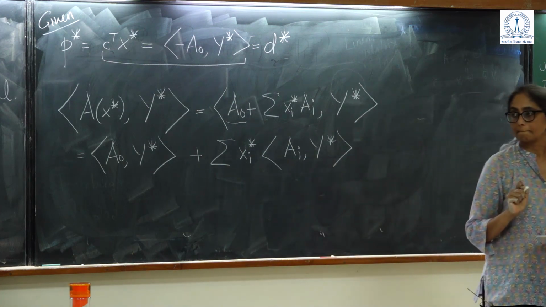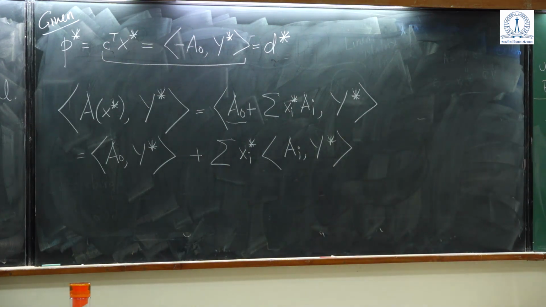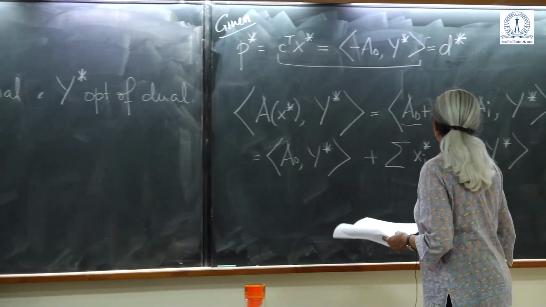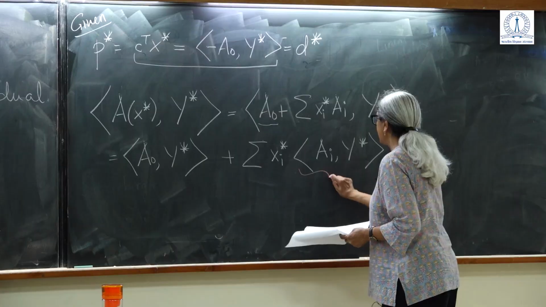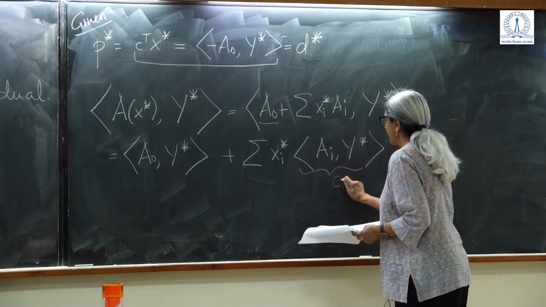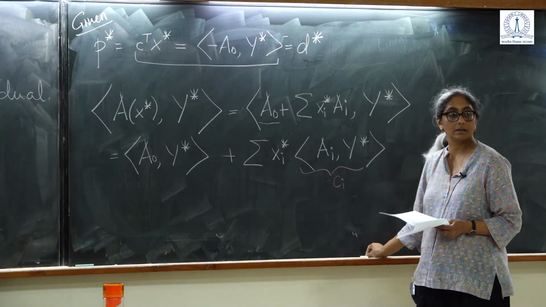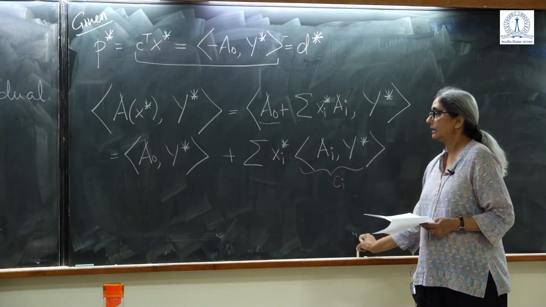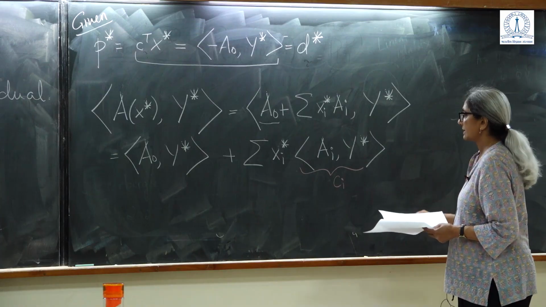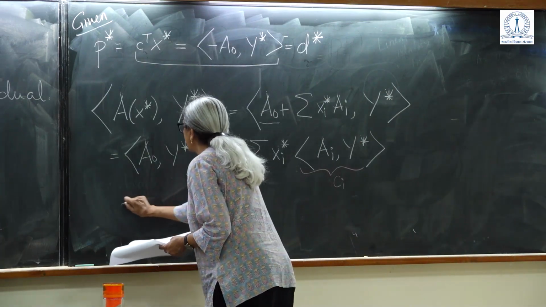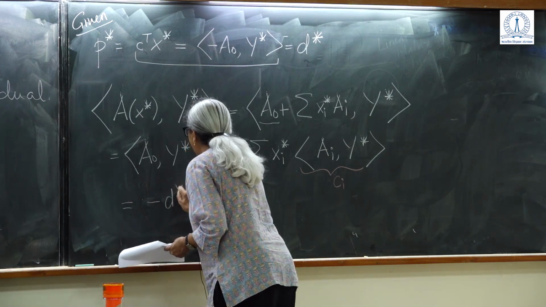Everybody okay? A0 inner product Y star is minus D star. And Ai inner product Y star is Ci. So this bit over here is Ci, and that is minus D star.